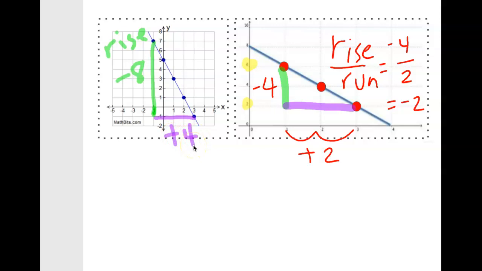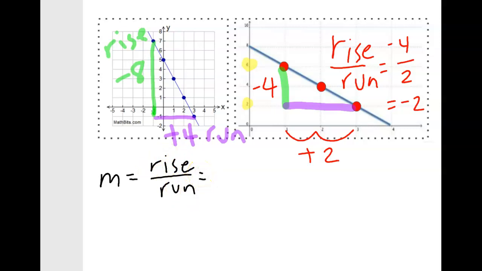So now I've gone down a -8, and I have gone over a +4. Again, I'm going to label that as my run. Then I'll come down here and formally write that m, also known as your slope, will equal rise over run.